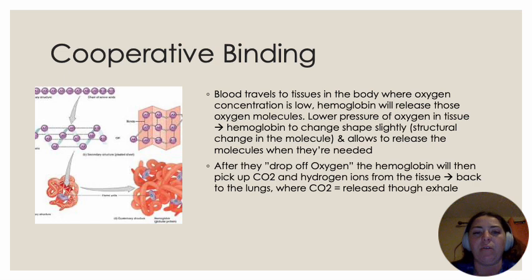It does a little overall structural change in the molecule, and then drops off that oxygen to places that need it, like tissues and organs, and then picks up CO2 in those areas because there is a higher concentration of carbon dioxide and hydrogen ions. Then they travel back to the lungs where CO2 is released, and we exhale that CO2 back out into the air.